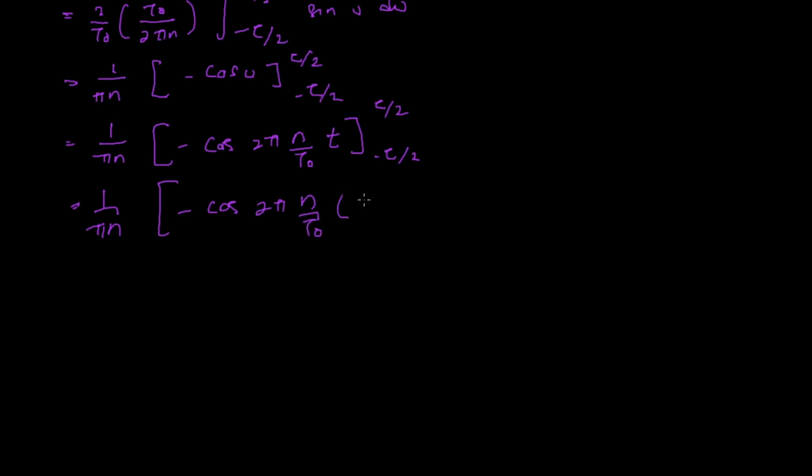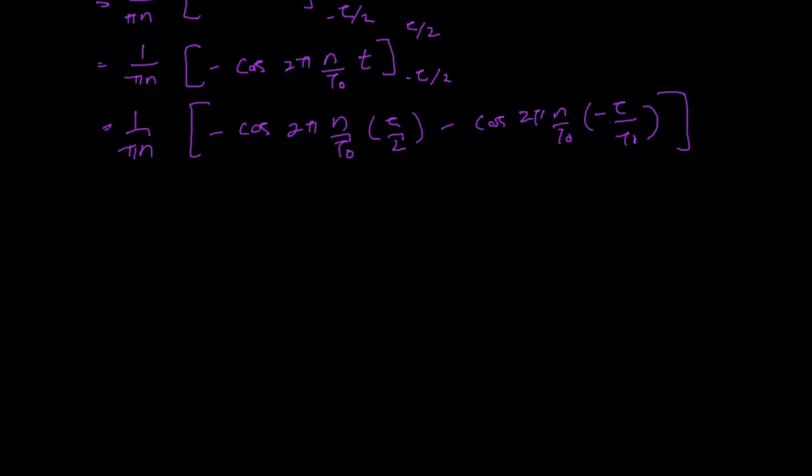So this one, no issues. Here we have negative cos 2 pi n over t0 times negative tau over 2. I think I made a small mistake over here.